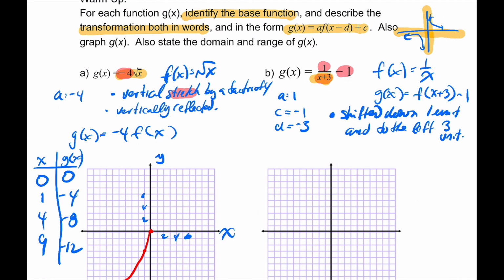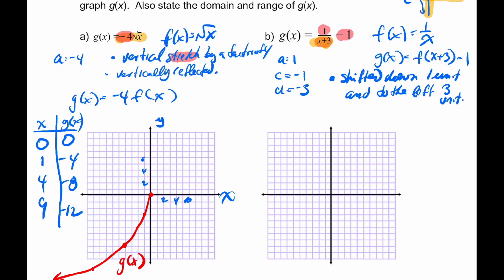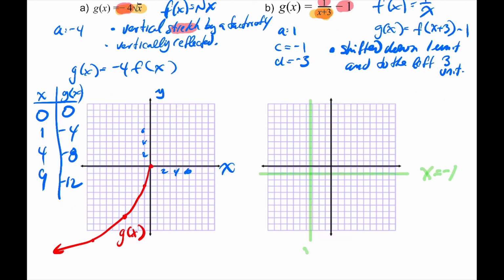Because it's moved down by 1, our horizontal asymptote now becomes down here at y equals minus 1. And because it's moved to the left 3, our vertical asymptote is right there at x equals minus 3. So the horizontal asymptote is y is equal to negative 1, and the vertical asymptote is x is equal to minus 3.